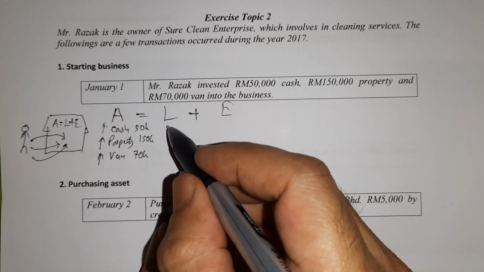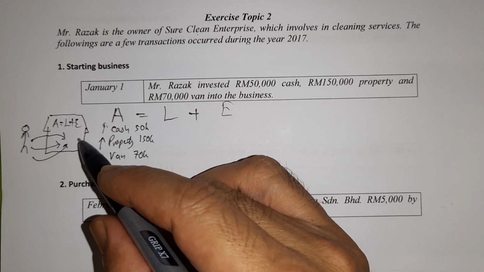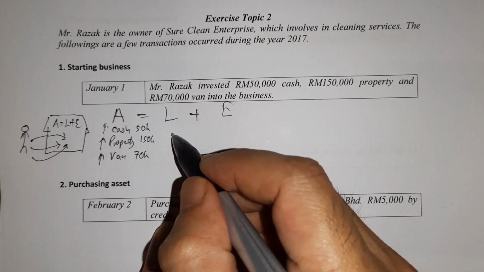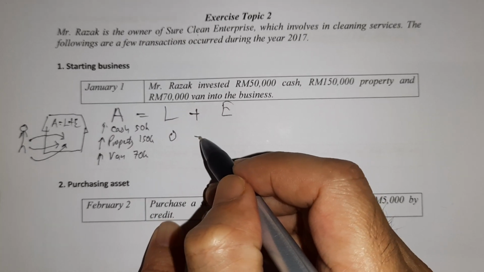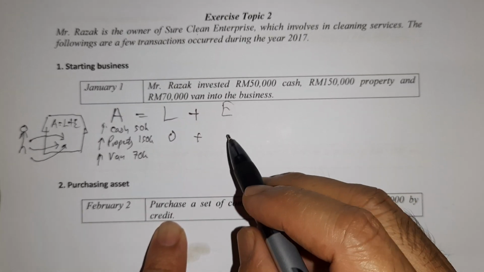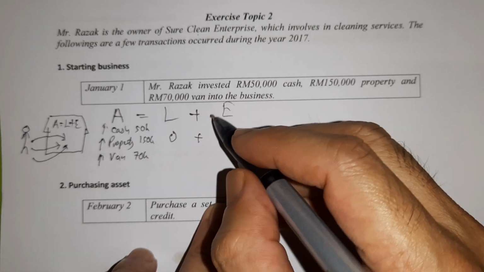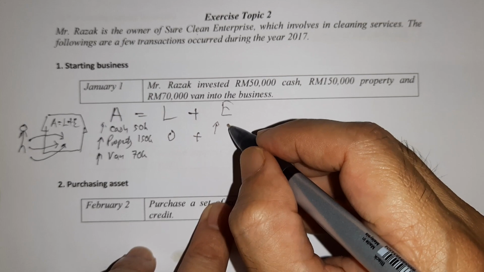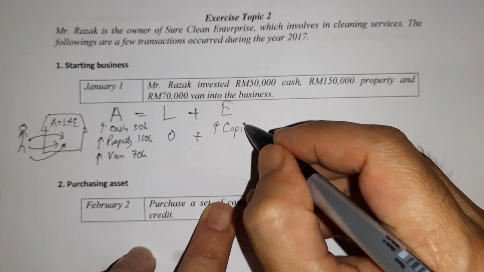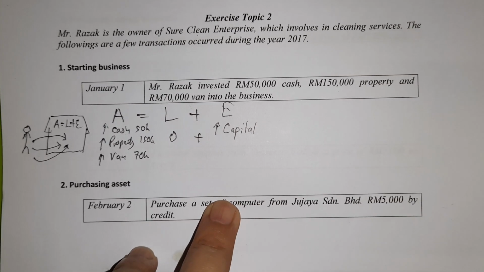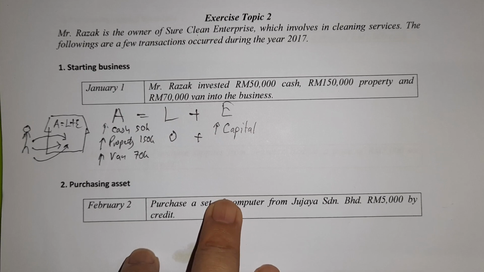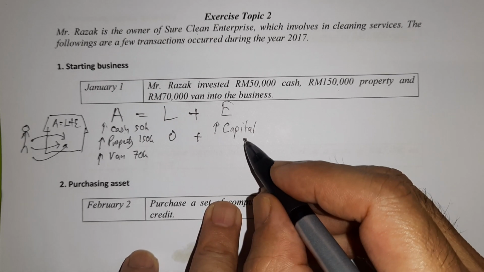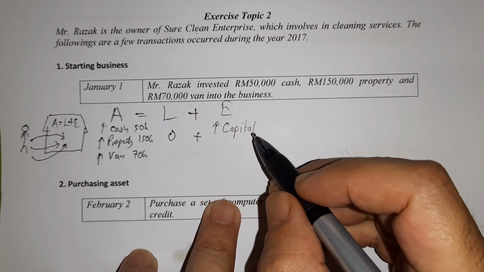Is there any effect on the liability? No, the business does not owe anything to anybody, so there is no effect on liability. And on the equity, there is an increase in equity. What are the things that increase the equity? The name of the account is capital. Capital are the things that the owner of the business invested in the business. So capital has increased. What is the value of the capital that increased?